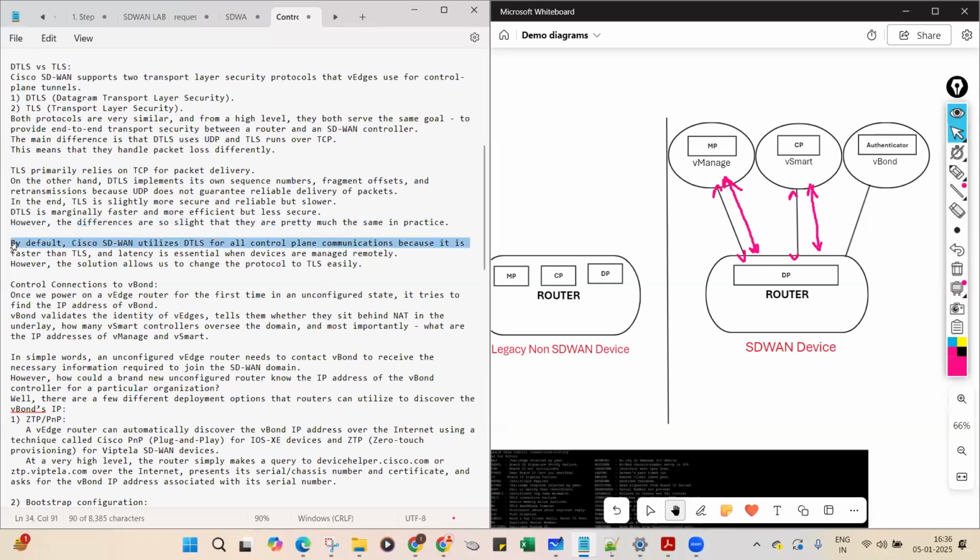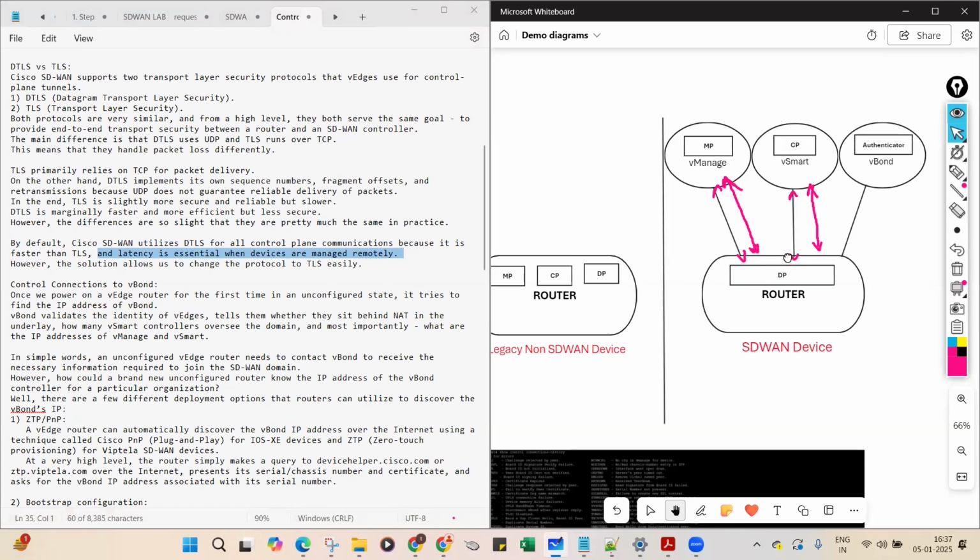By default, Cisco SD-WAN utilizes DTLS for all control plane communication because it is faster than TLS. Latency is essential when devices are managed remotely. So if the controllers are hosted on the cloud, latency plays a very important role in sharing the required details between vSmart, the controllers, and the routers.